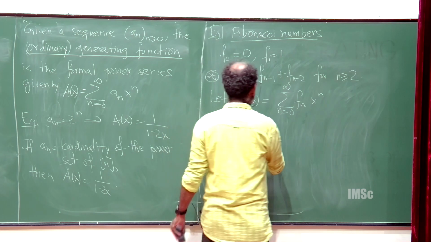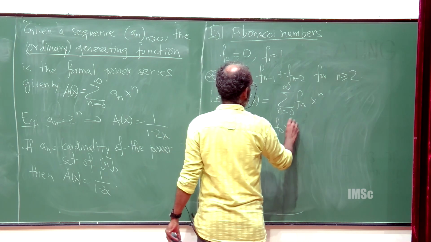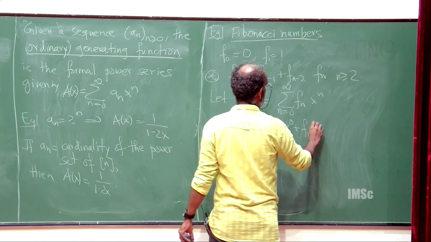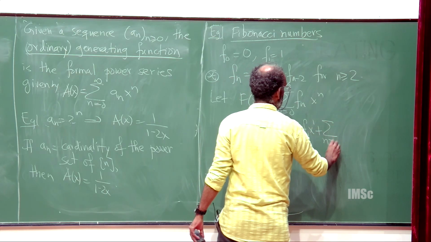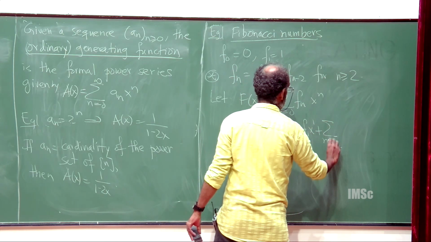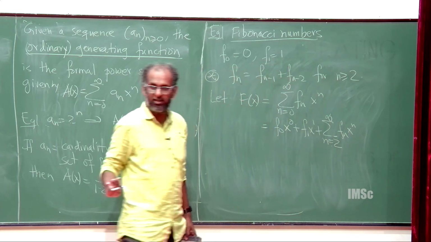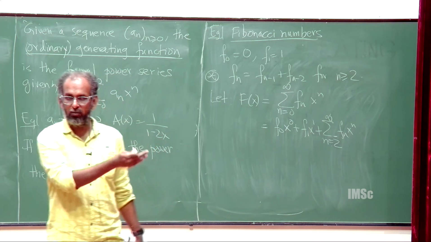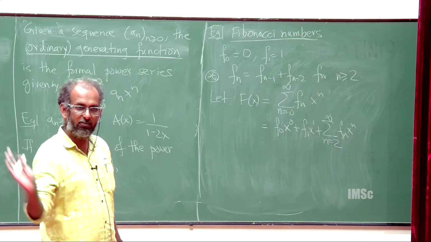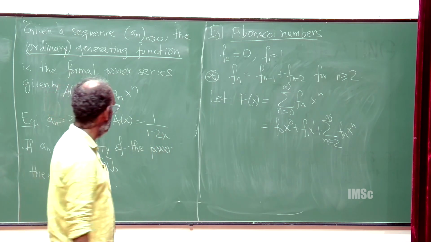So I'll write it in the following way: f_0 x^0 plus f_1 x^1 plus sigma n equals 2 to infinity f_n x^n. I have not done anything yet. I have just separated out the first two terms and written all the other terms together.